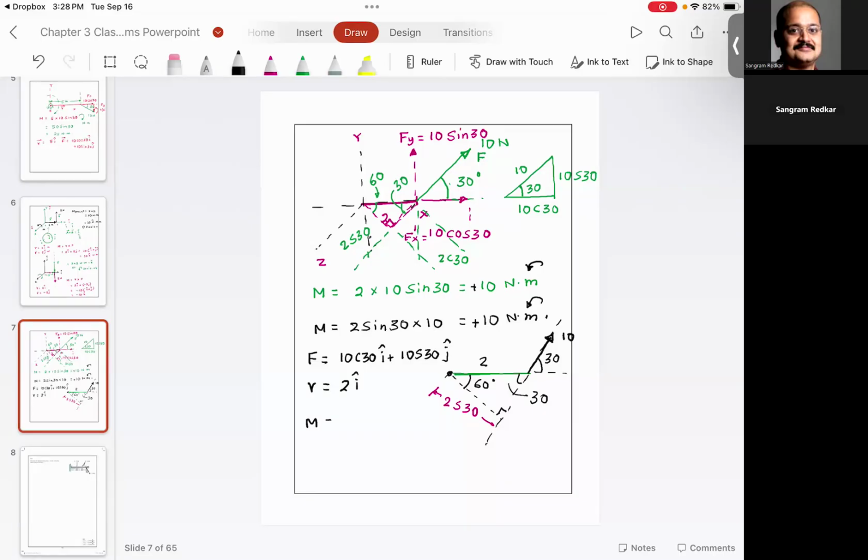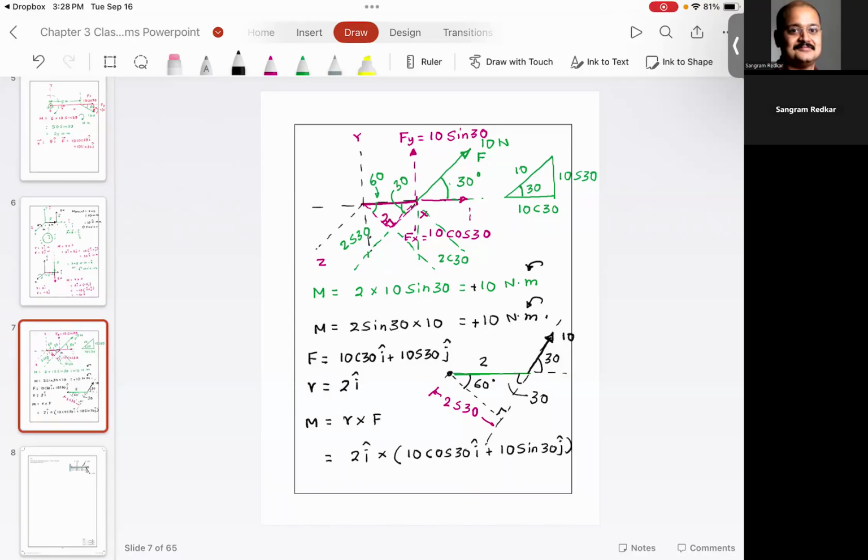Now, if you take the product, I'm going to write this down. Moment by definition is r cross F, and r is 2i cross F, which is 10 cosine 30 i plus 10 sine 30 j. Now, before I go any further, everyone understood why this is 10 cosine 30 i?